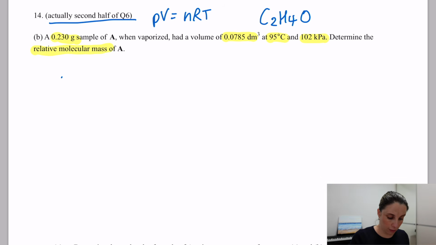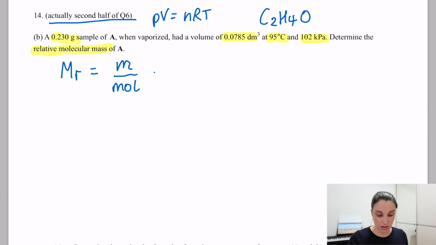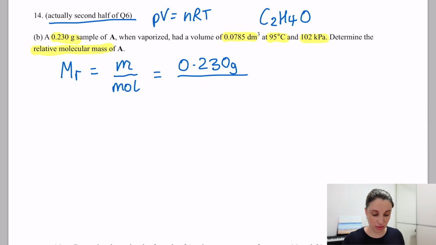So the only formula that I know that's got relative molecular mass in is the one that's got Mr equals the mass of it divided by the moles of it. So currently I have the mass, I have the 0.230 grams, but I don't know what the moles are, and I can't work it out using this equation because this formula here is an empirical formula.